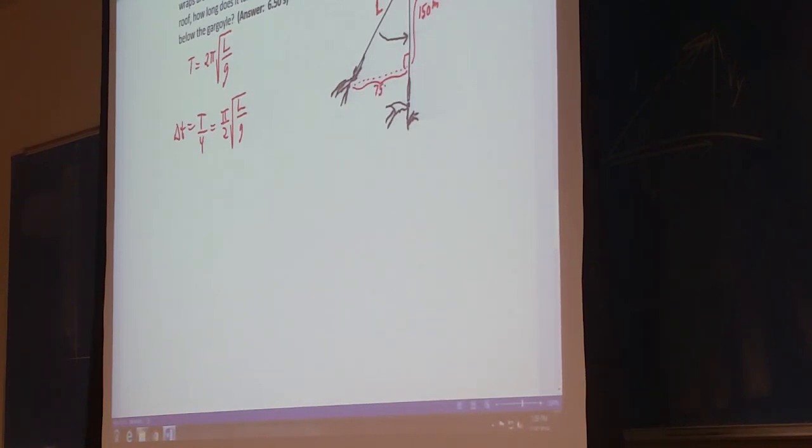Yeah, that's 75. So how do we use this to calculate the length? Yeah, Pythagorean theorem.